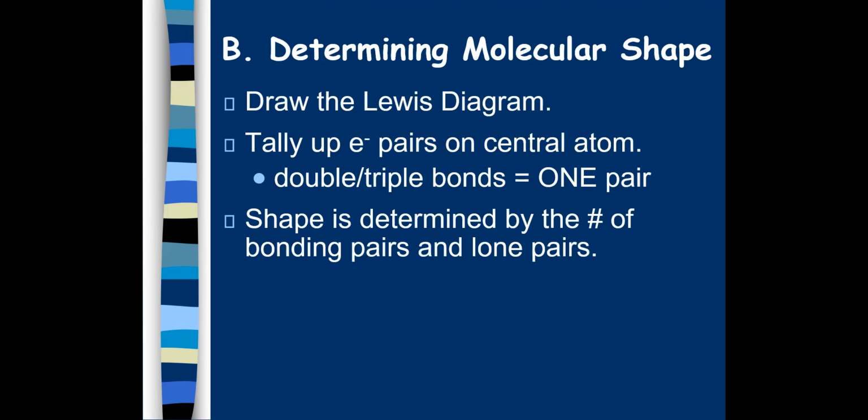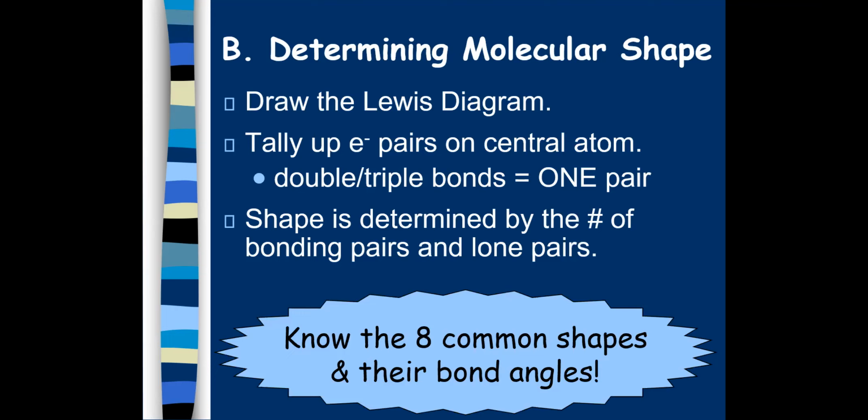By pairs, I don't like the word pairs. I really should call this areas of electron density, because the word pairs indicates 2. And if you have a double and a triple bond, you're going to have 2 and 3 pairs, right? So people are like, okay, wait, that's not right.